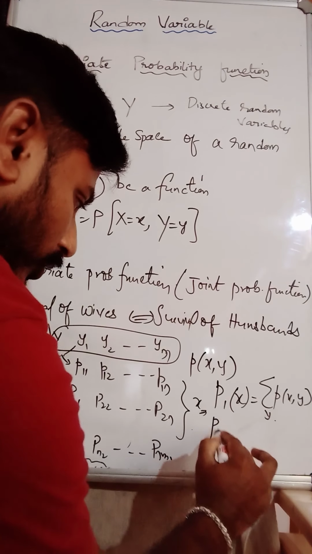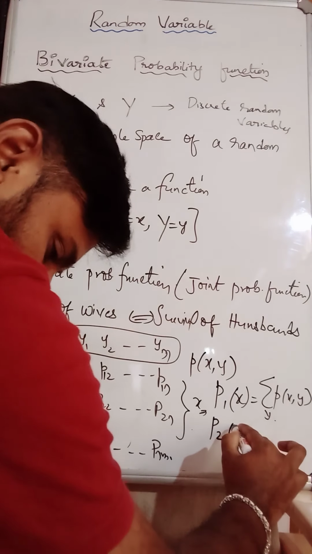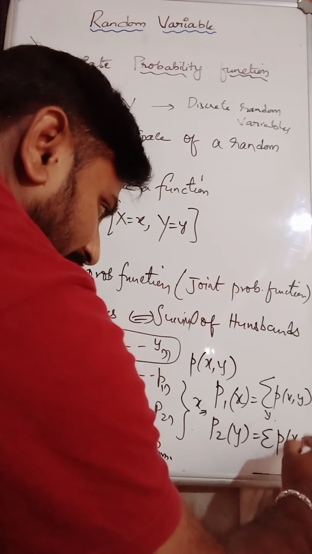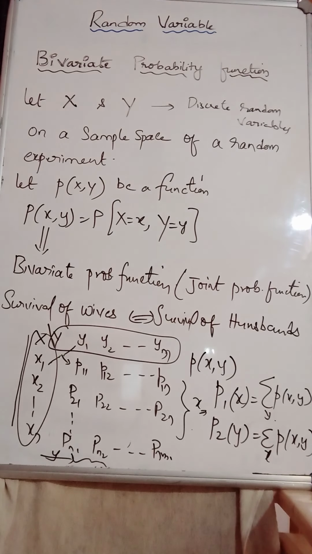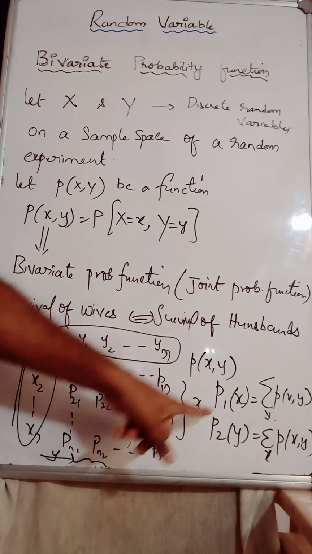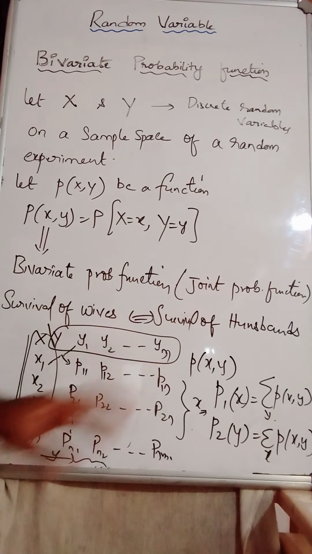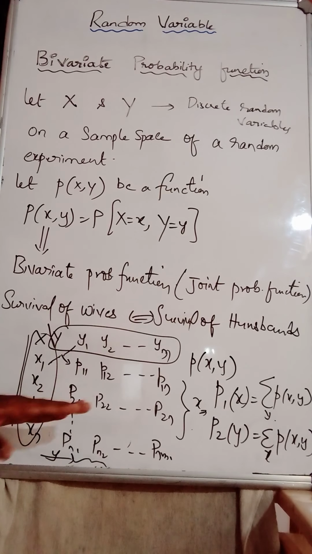Here we can write one more. P2 of Y equals summation probability of x comma y over x. So these two we call it as a marginal probability function of X and marginal probability function of Y. Either row or column total whenever you are considering.